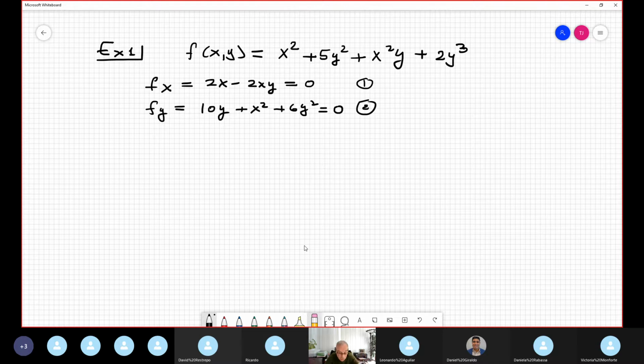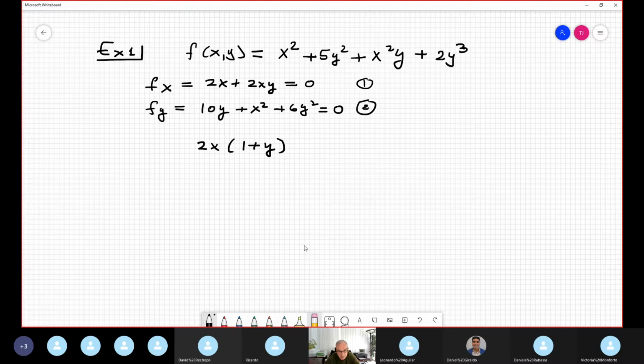Elimination, substitution. For example, I take the first equation, that in my opinion is the easier, and there is factorization to x. Wait. It's a plus, no? This is plus. Let me see. Derivative with respect to x is plus. This is plus, is plus.